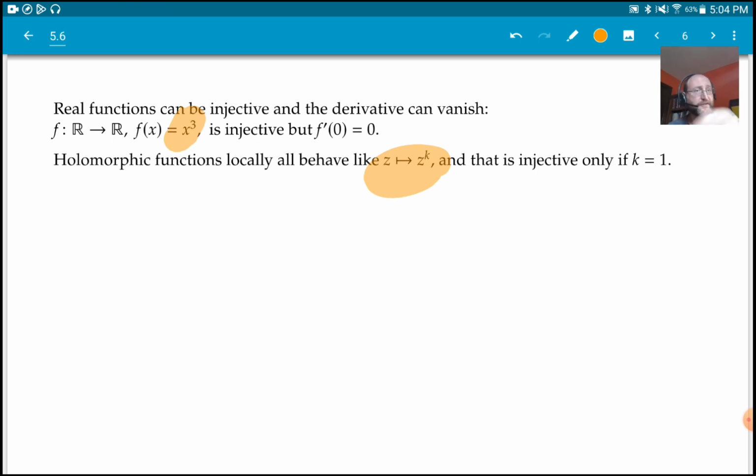So z cubed is three to one, generically, in any small neighborhood of the origin. So it's only going to be injective if k is 1. If the function really locally behaves, up to a small holomorphic change of variables, like z, then it's actually injective. Of course, this is just intuition. We have to prove this.